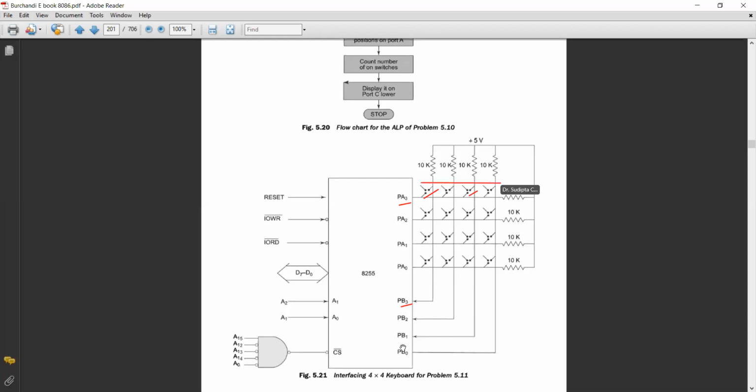In total there are 16 switches, 0 to F. So whenever you press any switch, say you are pressing this switch, what will happen? Can anyone tell me?